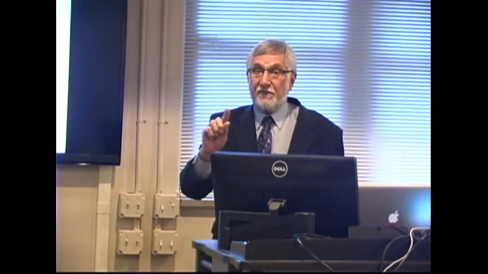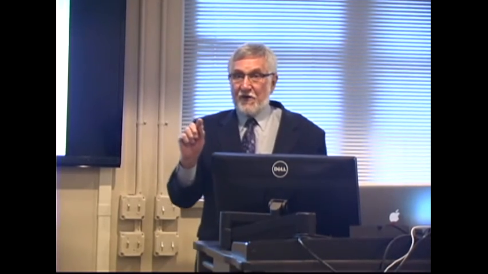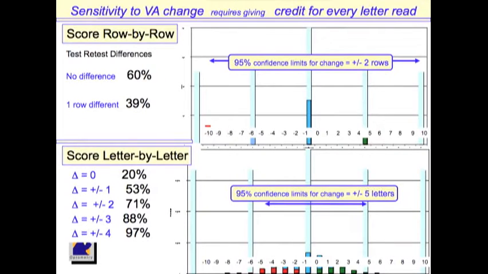A lot of the people who get 1 row better will do so because they got 1 extra letter that took them over a boundary.